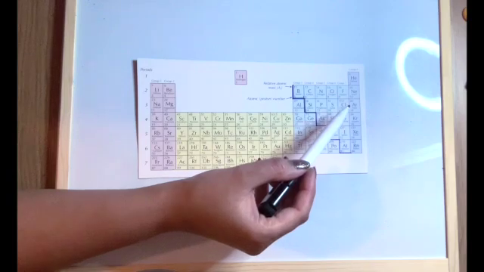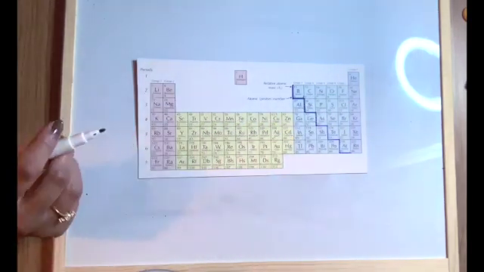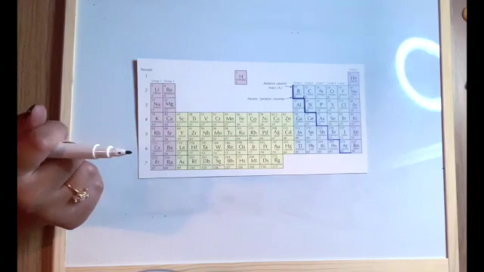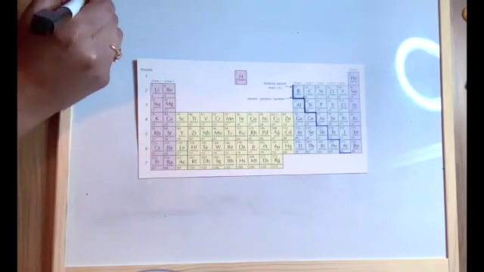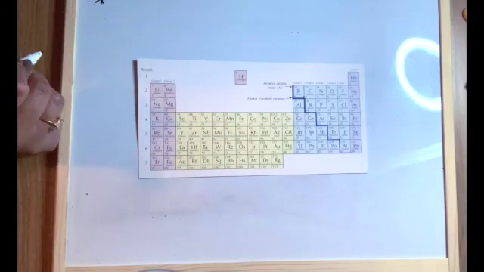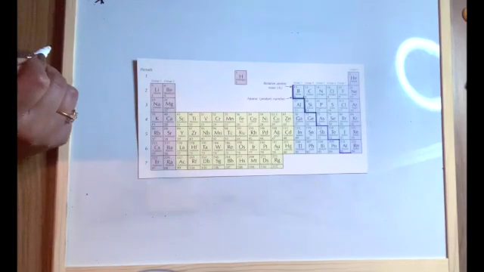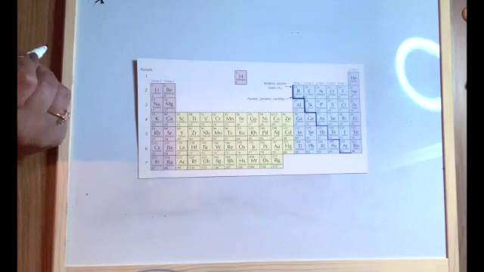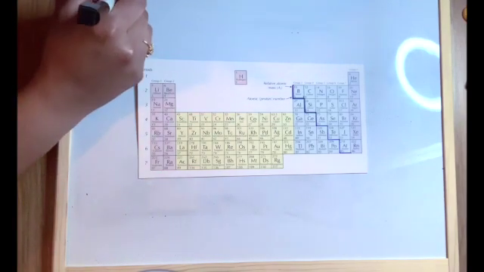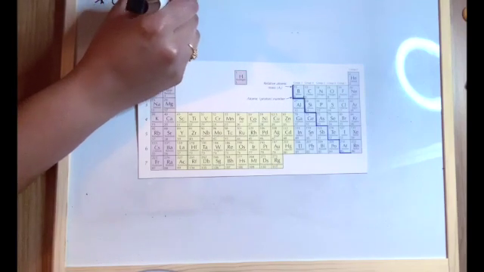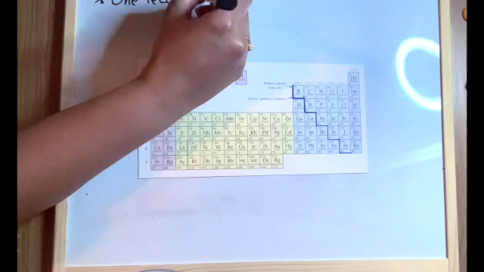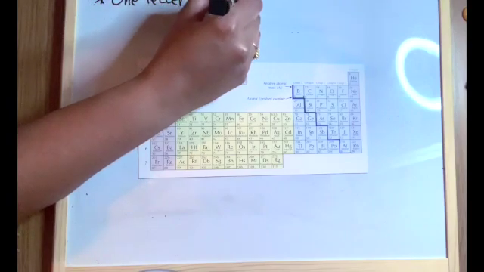Now, in terms of symbols for these particular elements, if the symbol for a particular element is one letter, it is always going to be a capital letter.